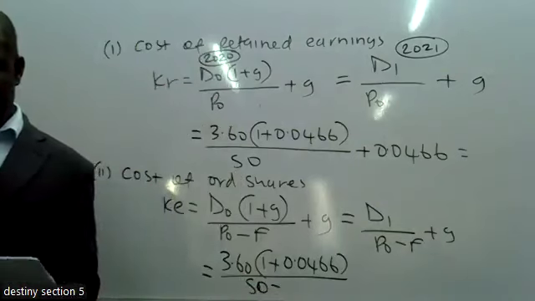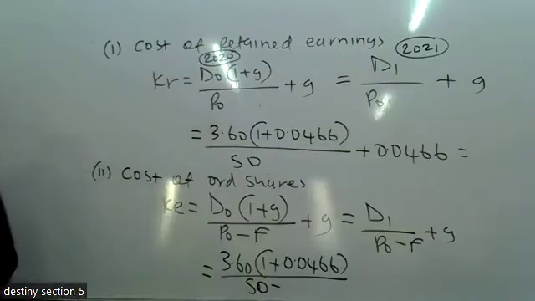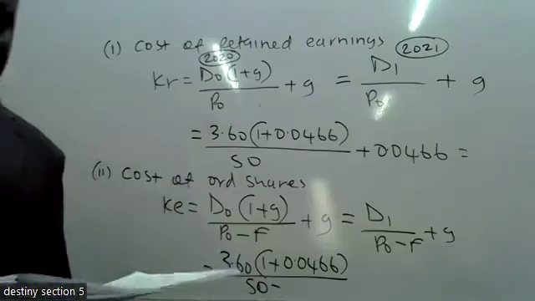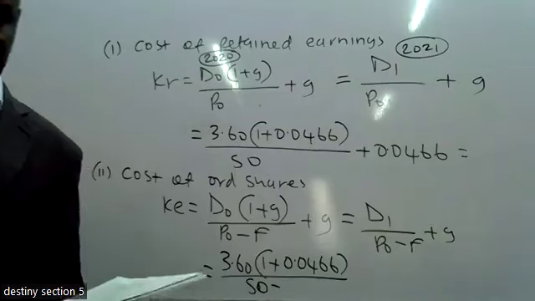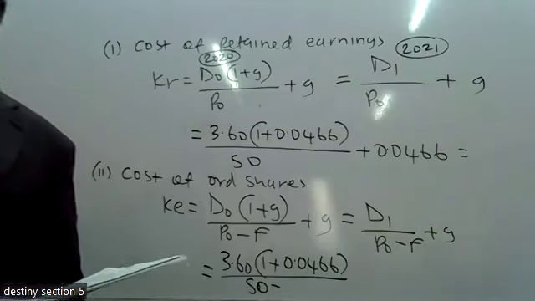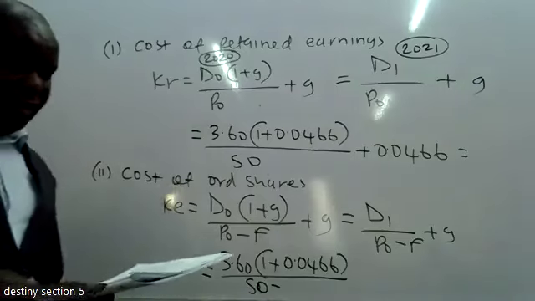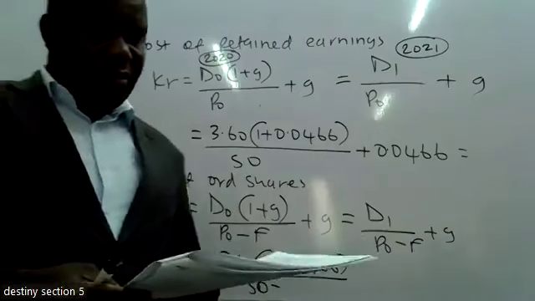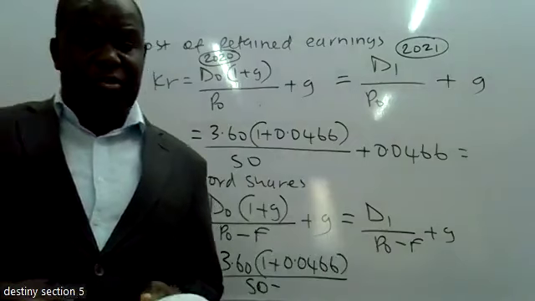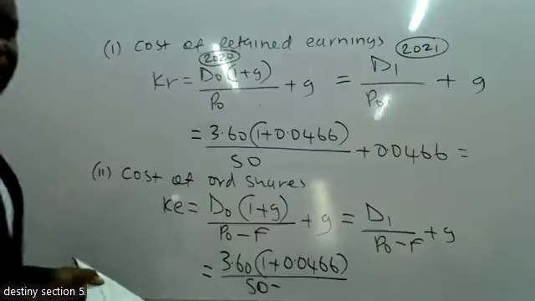The flotation cost was given to you in note number 4 under equity. You see note 4 under equity, they have said to utilize all available retained earnings for the year ended 31st December 2020. Any extra equity capital will be raised through the issue of the new ordinary shares at a flotation cost of what percent? 10% of the issue price.